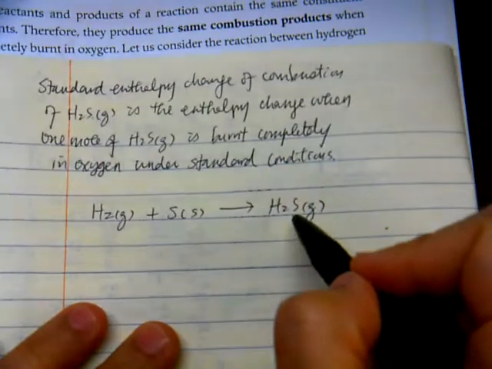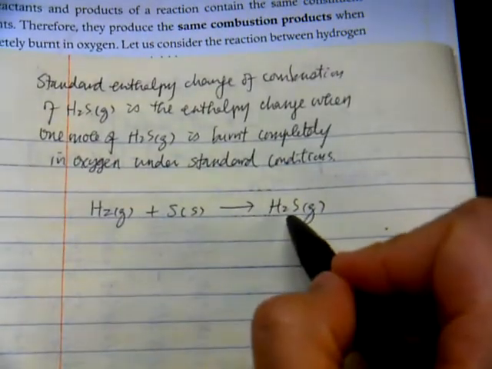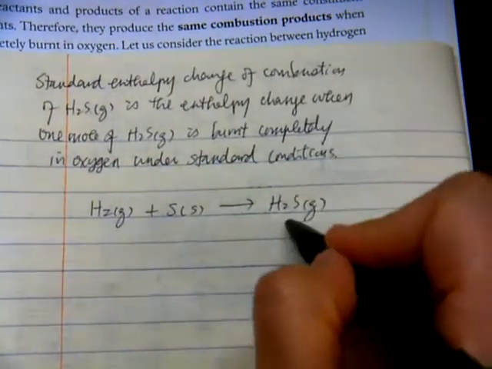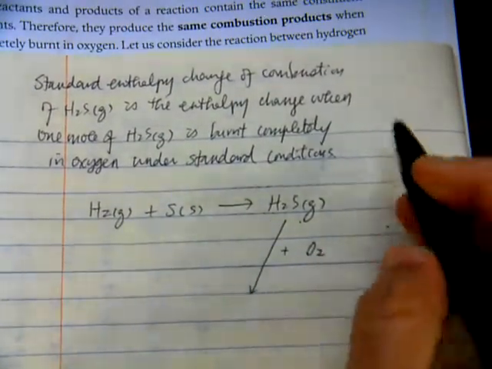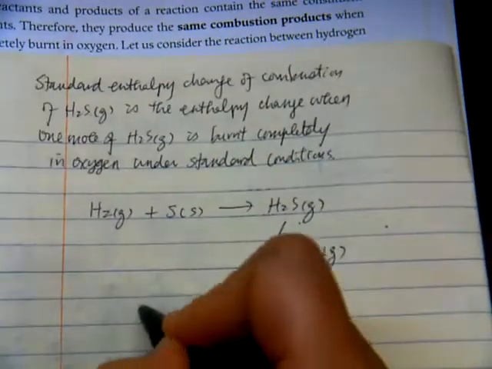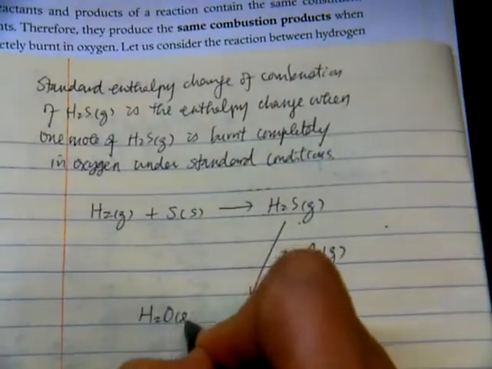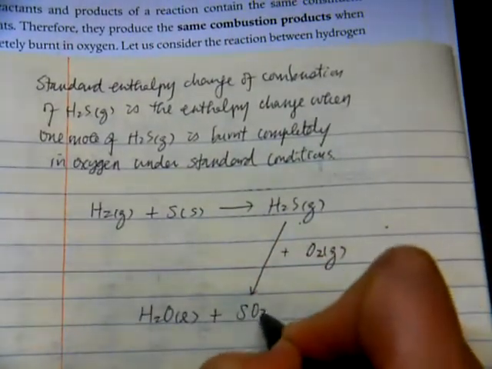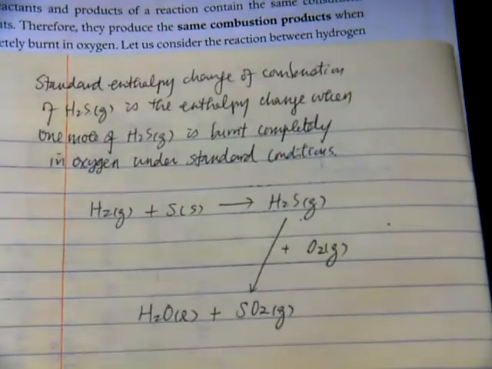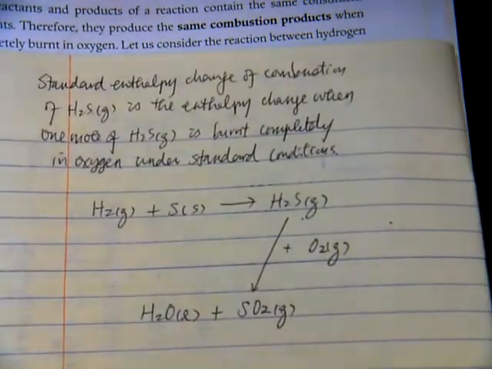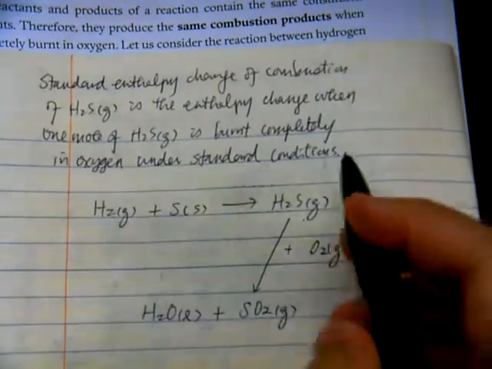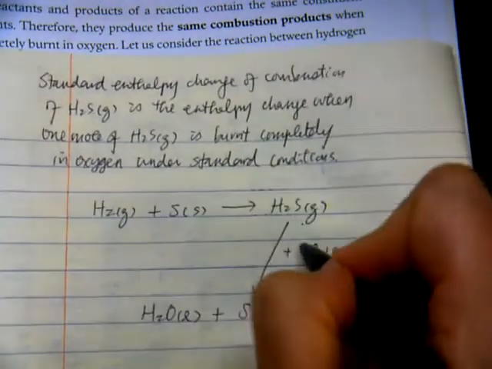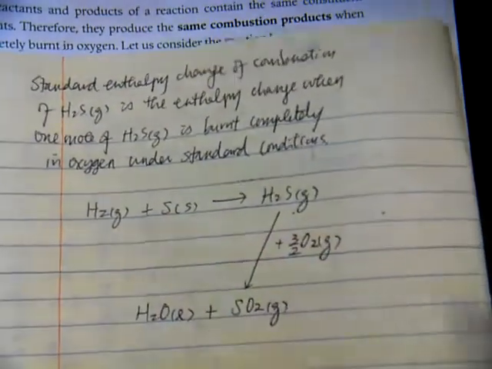It is the enthalpy change when 1 mole of H2S, that means H2S is the reactant, reacts with oxygen completely to form H2O and SO2 under standard conditions, okay? SO2 is a gas, H2O is a liquid. Balance this equation. How many O? We need 3/2 O2.